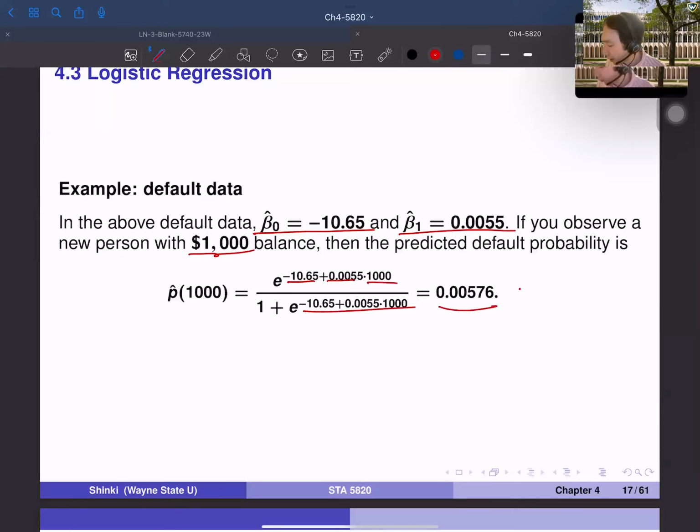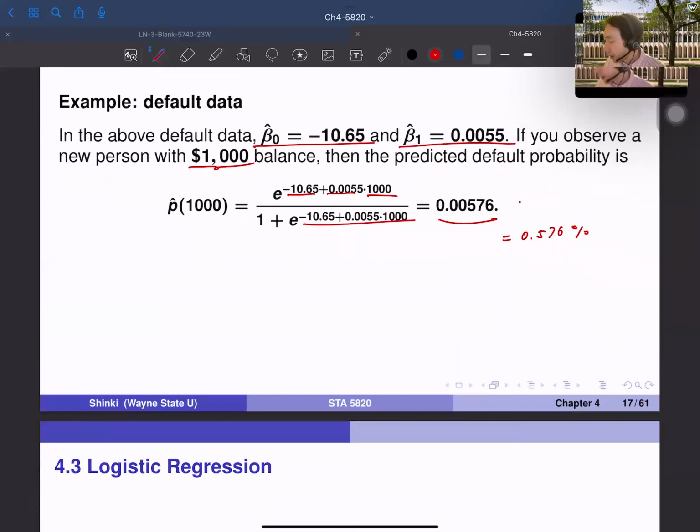So we can do it in a similar way as linear regression. Later we study the code for this, but for example, the fitted values of this logistic regression give this probability.